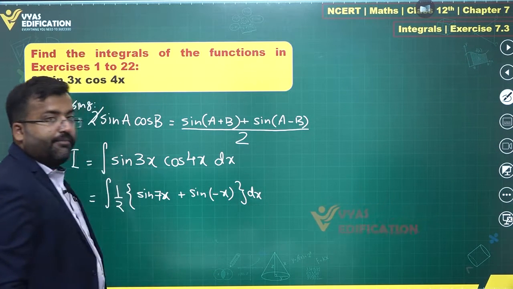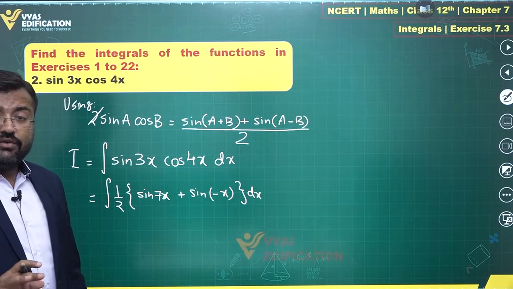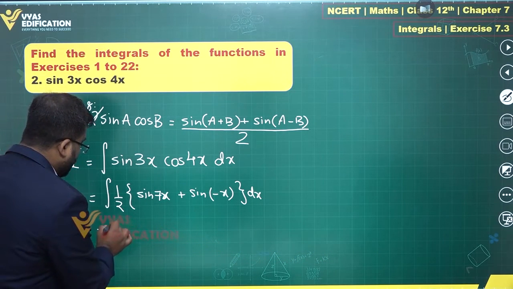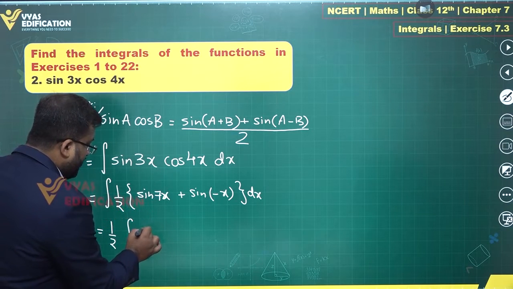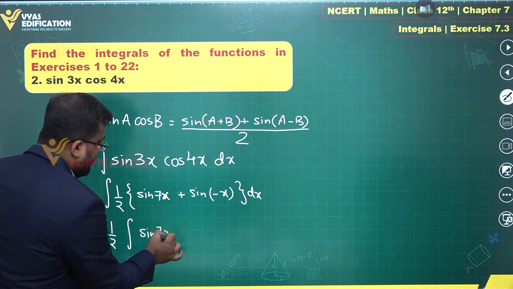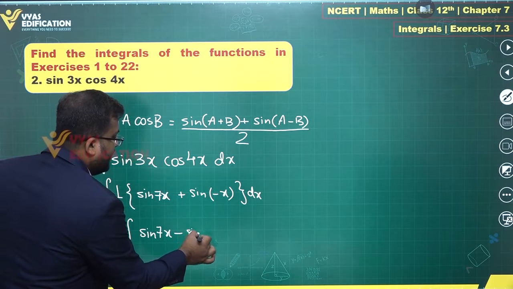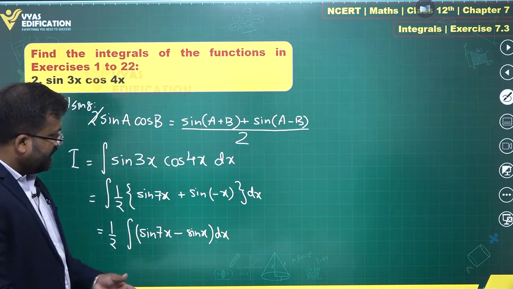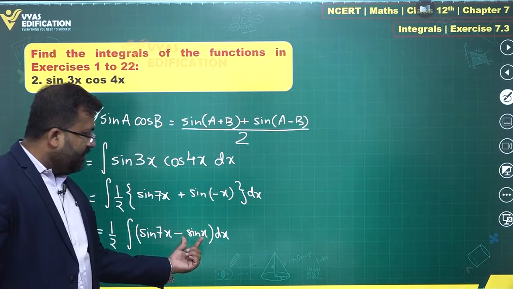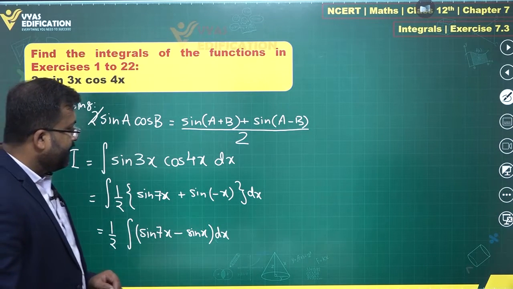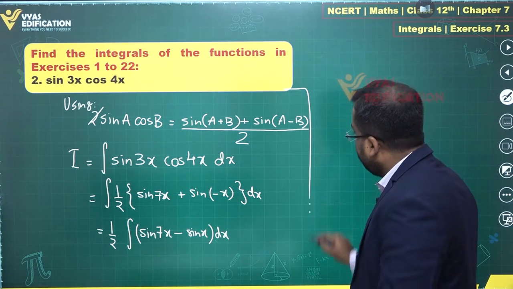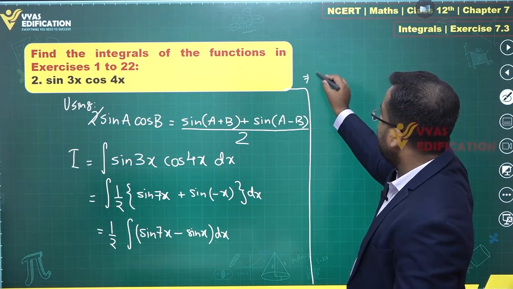This is what you get. Right? So up till now we are not integrating actually, we are only simplifying this integral. This half can come out, the integral of sine 7x minus sine x dx. Now I'll integrate this, but first observe, sine of minus x will be minus sine x, right? I've written that.